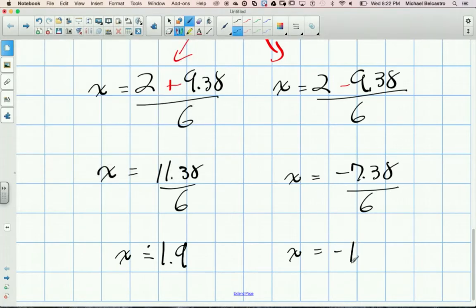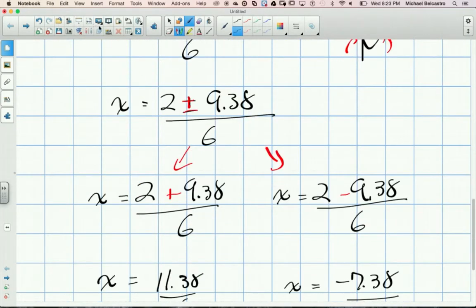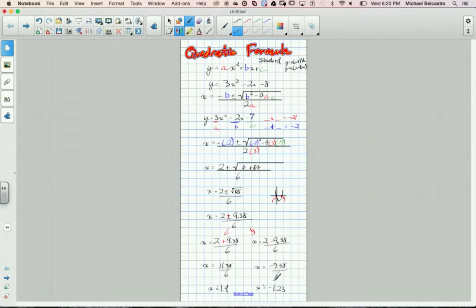Again, we rounded before, so these are approximations. So these are the 2 x-intercepts to this question. Obviously, when we're factoring, we wouldn't know that 1.9 times negative 1.23 kind of works out to what we're trying to do. So these are our 2 x-intercepts.